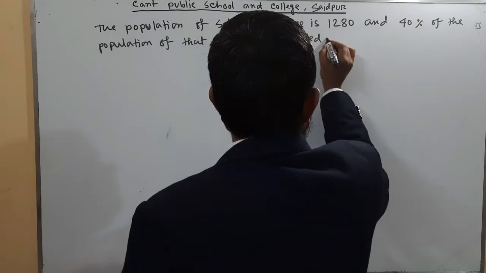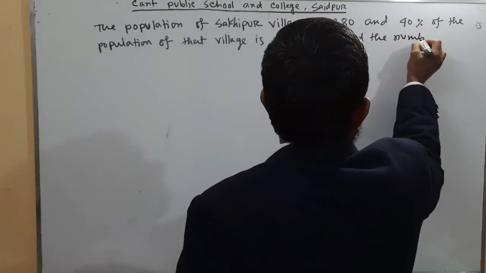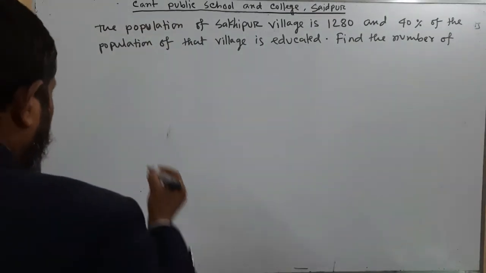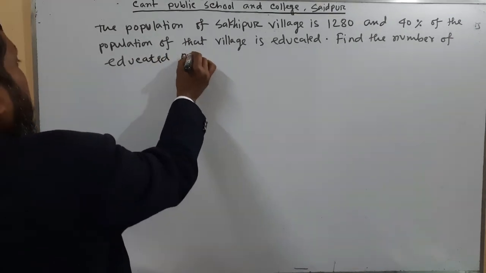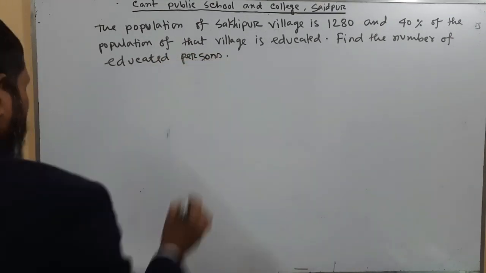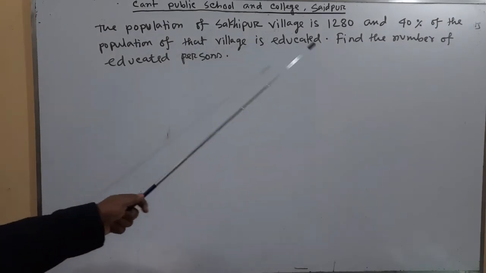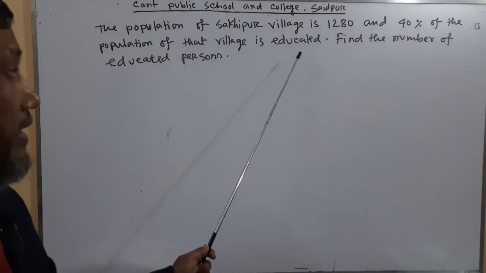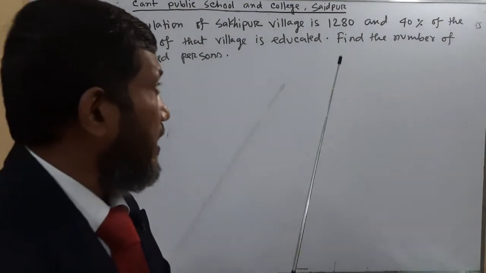Find the number of educated persons. The population of Shokipur village here is 1280 and 40% of the population of that village is educated. What is the meaning? This 40% of the population of that village is educated.